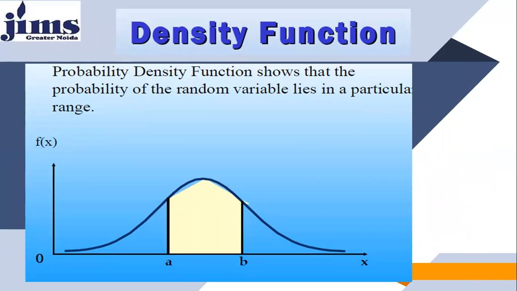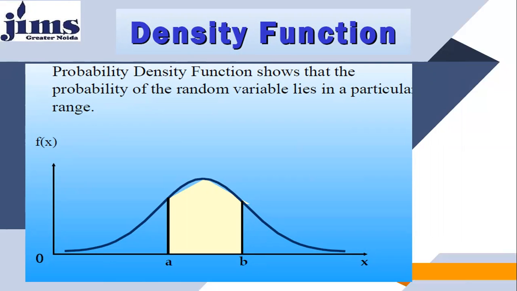Now this is the graph of a probability density function, and how do you draw it? On the x-axis you have the possible values of x: x1, x2, x3, and on the y-axis you have the value of the probability density function fx. Look at the shaded region between A and B. The existence of x lies between A and B. So A and B are the limits, right?